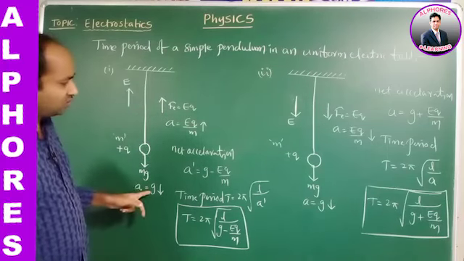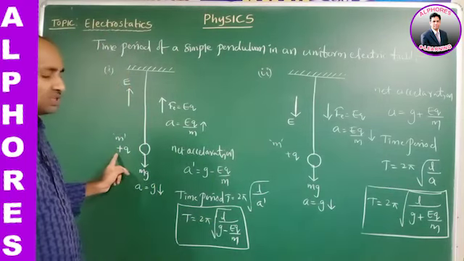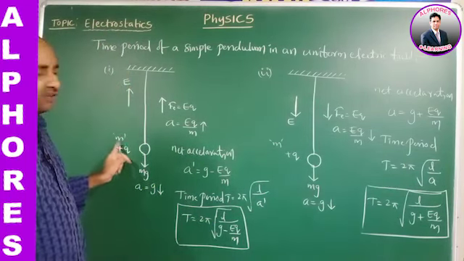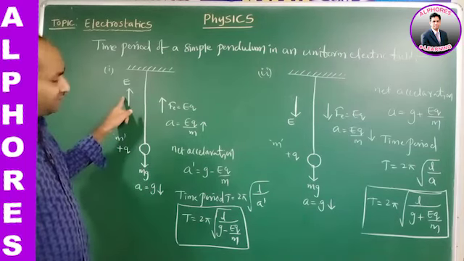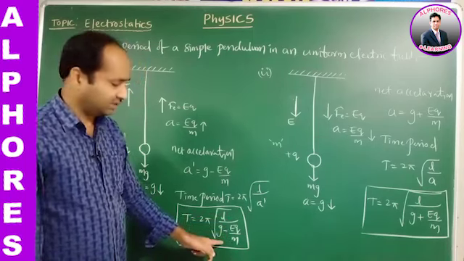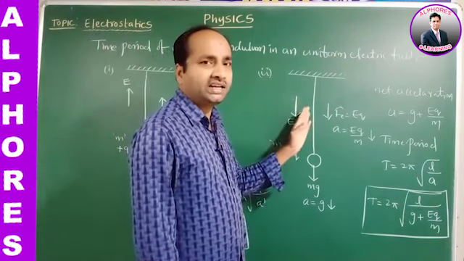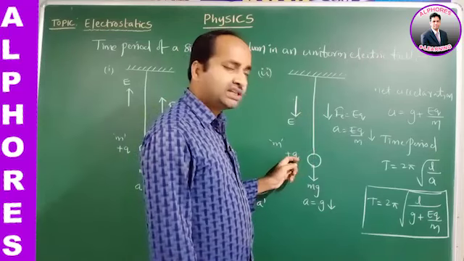g is always downwards. Then what will you get here? g plus EQ by m. Instead of positive, if we take negative without changing the direction of the electric field, you will get the positive sign. In the same way, in the second case, without changing the direction of the electric field, we take a negative charge instead of positive.